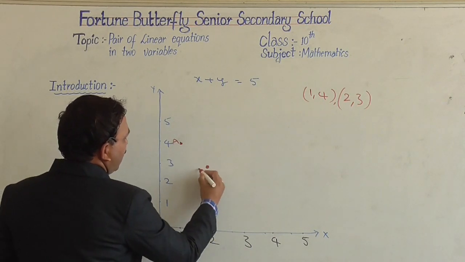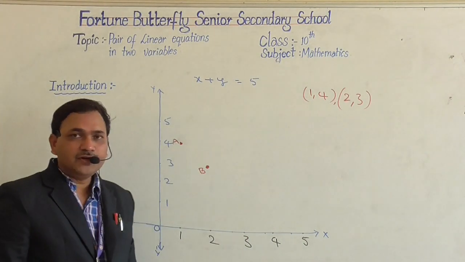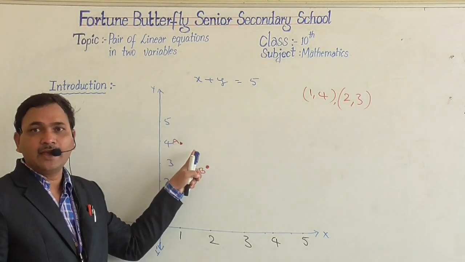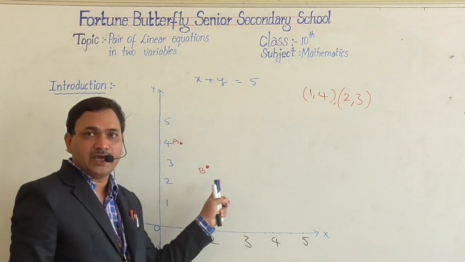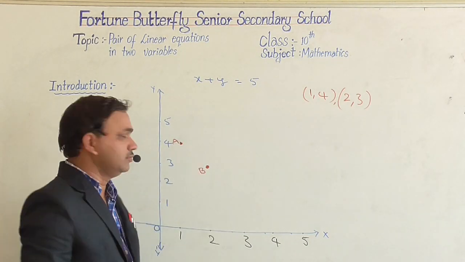This plot is named as B. Next, after we got the two plots, the first plot named as A and the second plot named as B, we draw one straight line through these two plots.